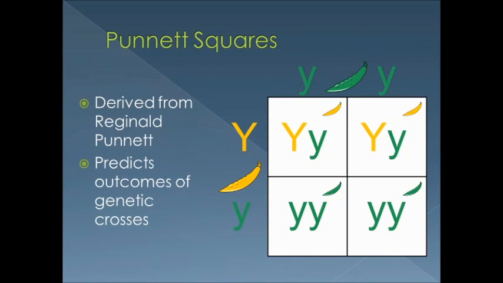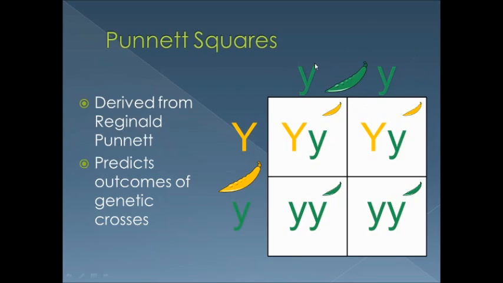So a really good way of looking at this is through Punnett squares, which you may have done in high school, right? They were derived from a gentleman known as Reginald Punnett. They help to predict outcomes of genetic crosses. So this is an example of those pea plants that we were talking about earlier. Yellow pea plants are dominant, green pea plants are recessive.